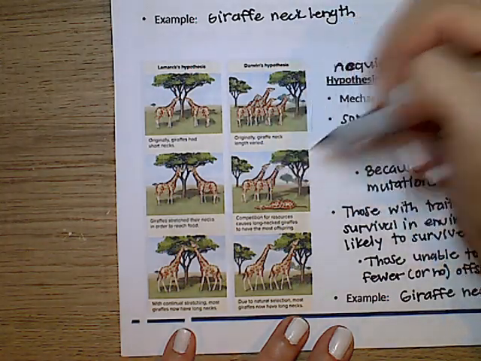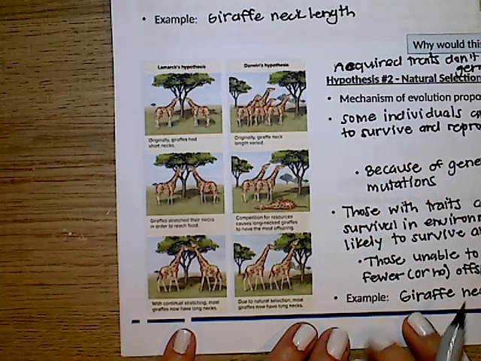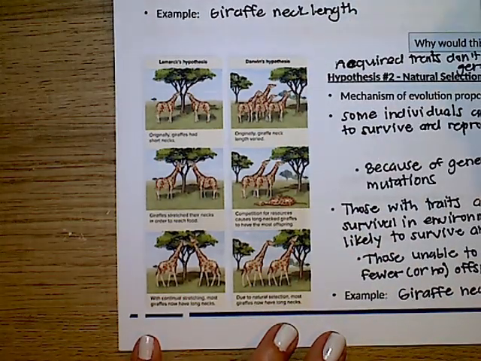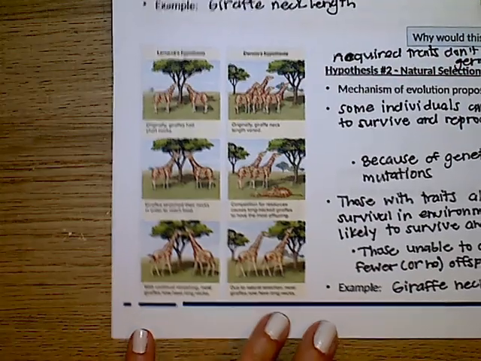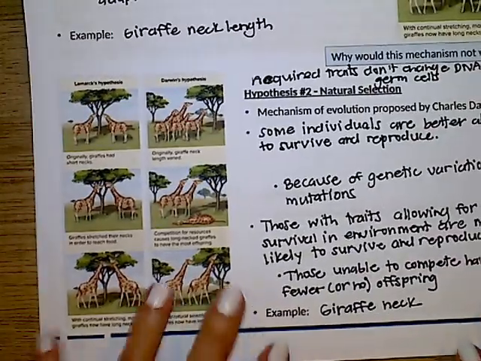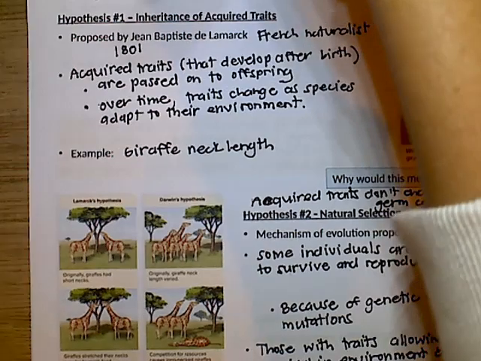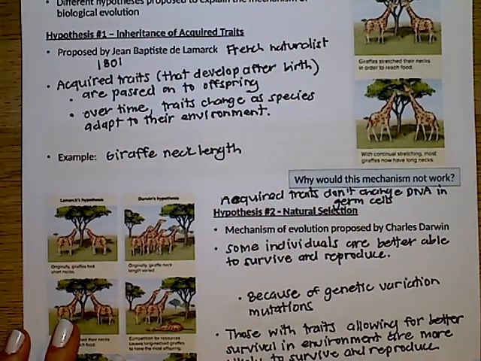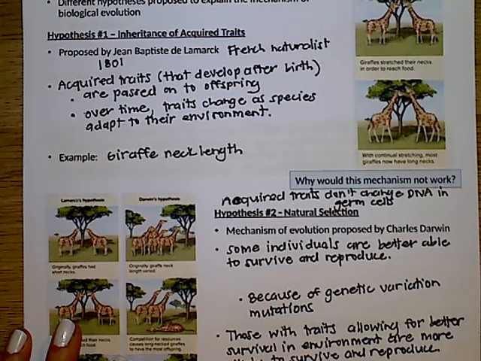And guess what? Over time, you're going to see more giraffes having longer necks and fewer giraffes with the shorter necks. Makes a little more sense, right? And I believe Darwin came out with his hypothesis about 50, 60 years later.